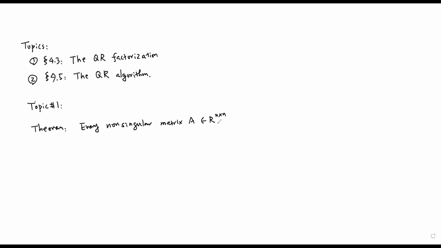Every non-singular matrix can be factored as A equals Q R. Q is an orthogonal matrix. The definition is Q transpose times Q is the identity matrix. When a matrix satisfies this equation, the matrix is an orthogonal matrix.